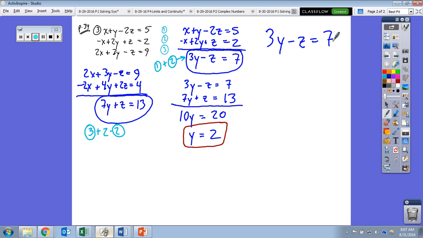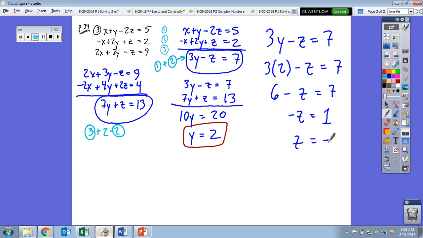If I substitute y in there, I have 3 times 2 minus z is equal to 7. So 6 minus z is equal to 7. So negative z, if I subtract 6 from both sides, is equal to 1. So z is equal to negative 1.